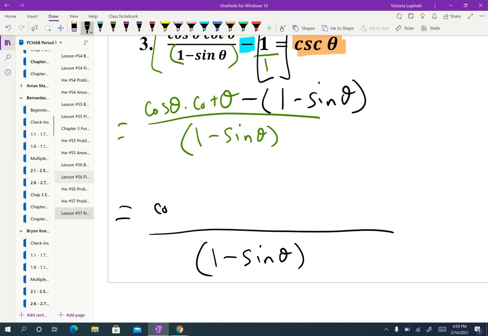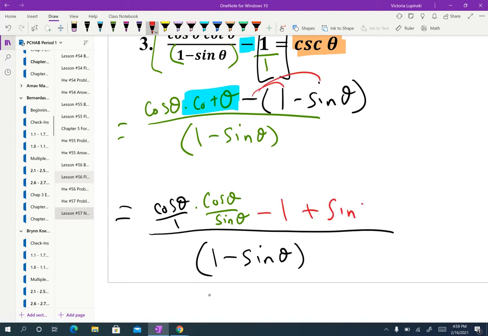So I'm going to take the cosine of theta that I currently have, and I'm going to put that over 1. And then I'm going to take this cotangent, and I'm going to write that as cosine over sine. Then I'm going to distribute this negative. So this is going to become a minus 1 and then a positive sine theta.